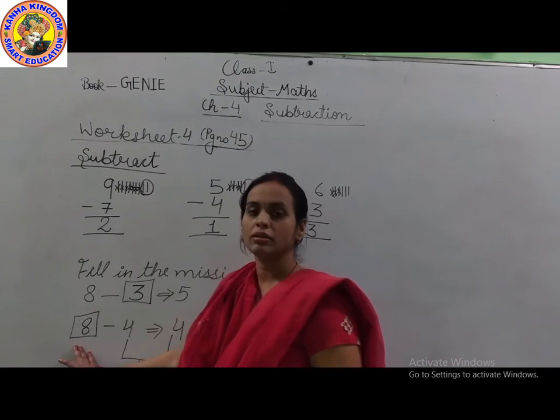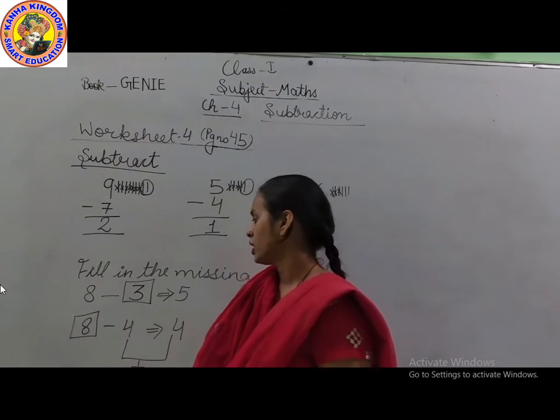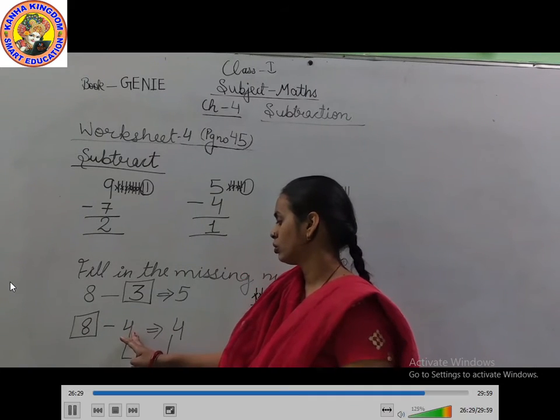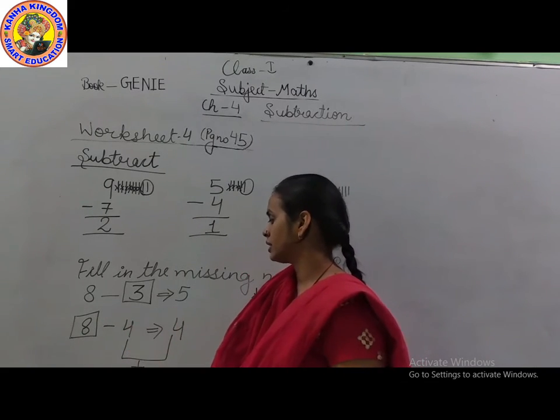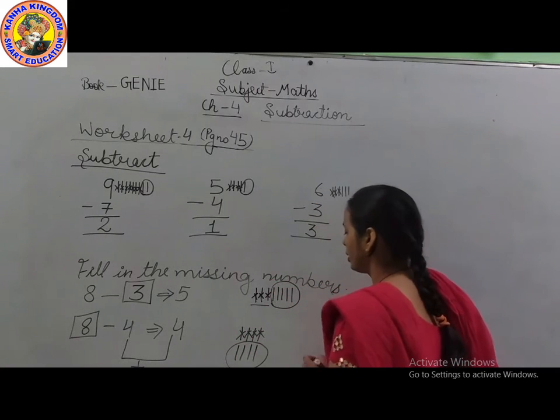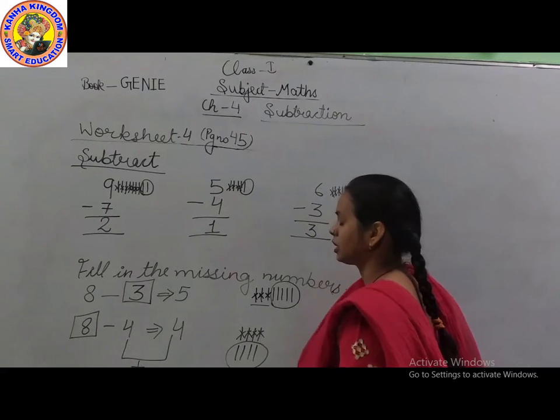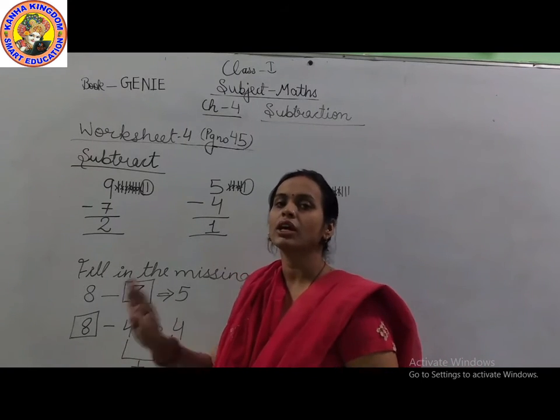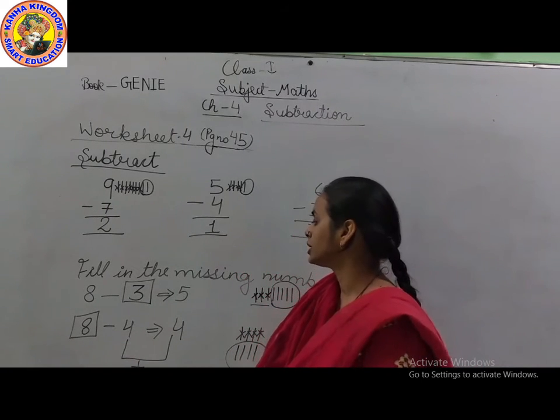To get the missing number, we have to add this and this. And the second method is we draw a line till 10, then we check.